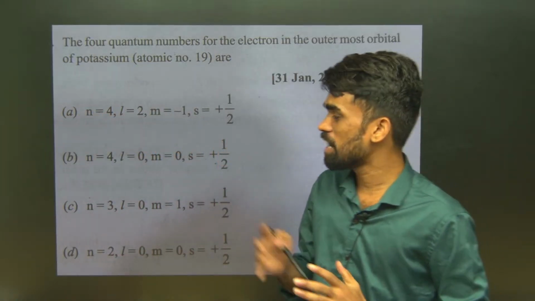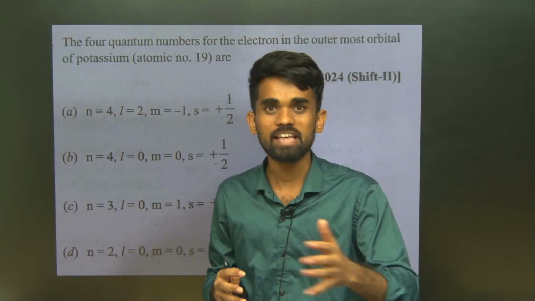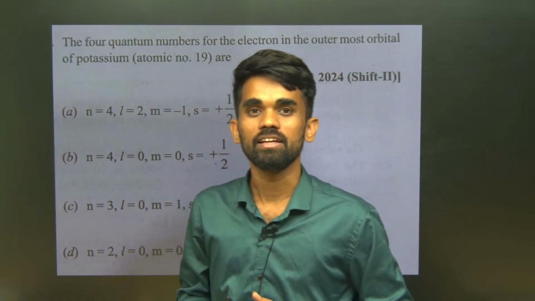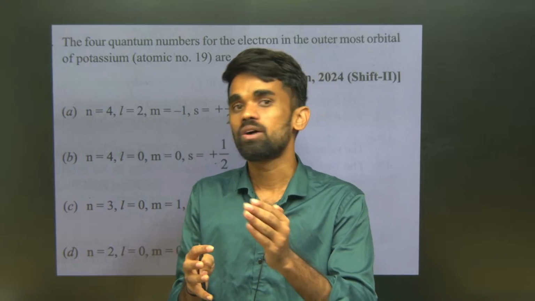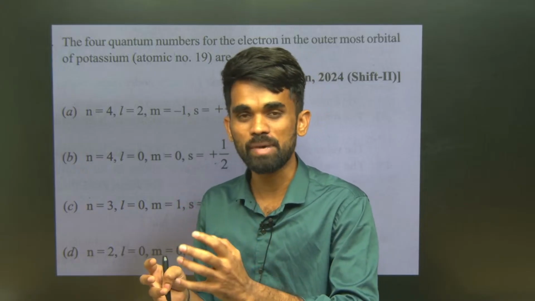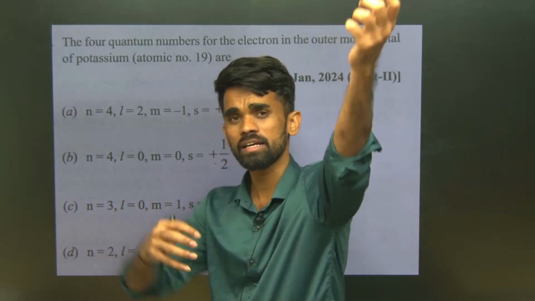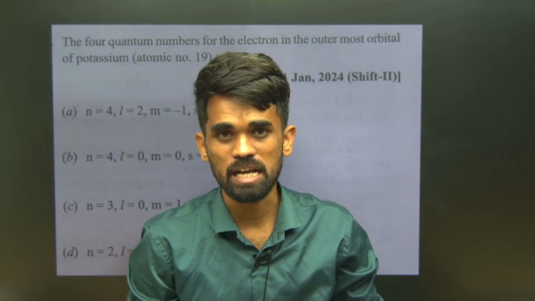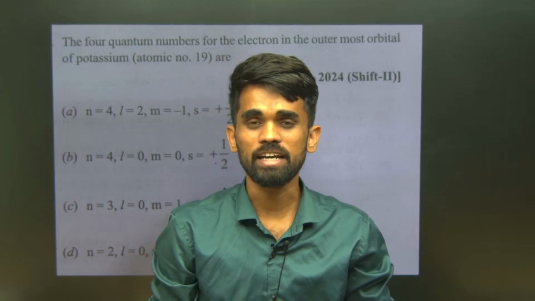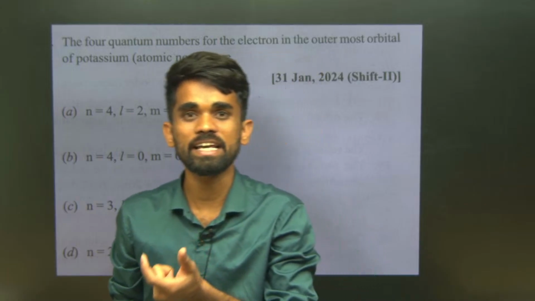So we are discussing quantum numbers, right? In the last session we discussed the theoretical part regarding the quantum mechanical model and also quantum numbers, and how these quantum numbers are extracted from the Schrodinger wave equation. We have two parts, the radial part and the angular part.